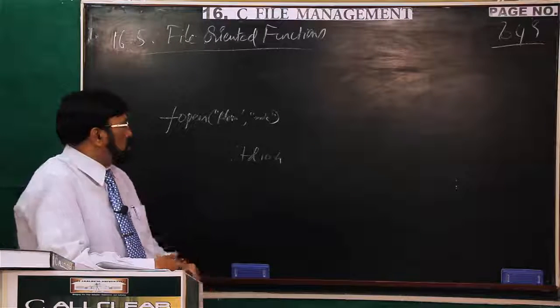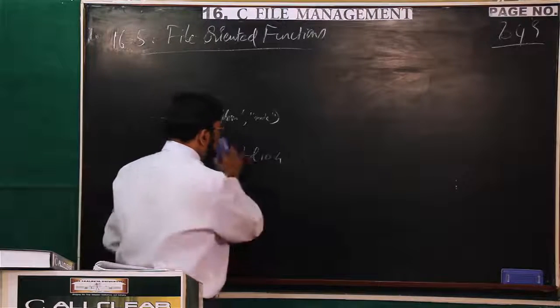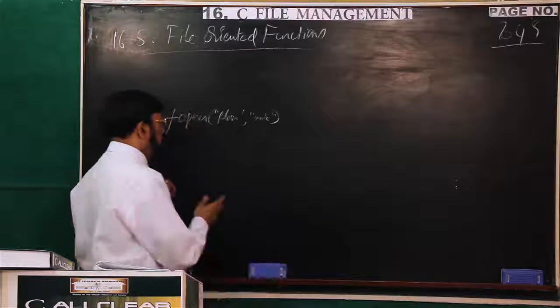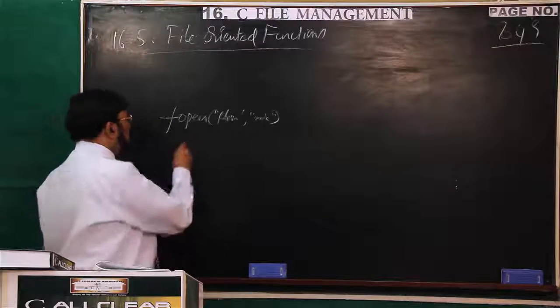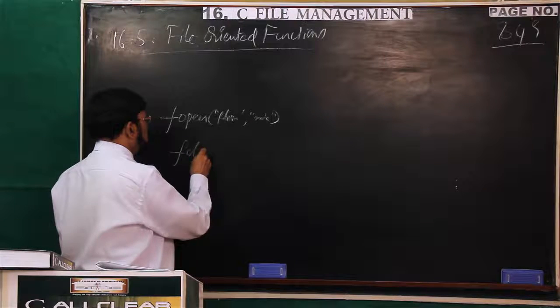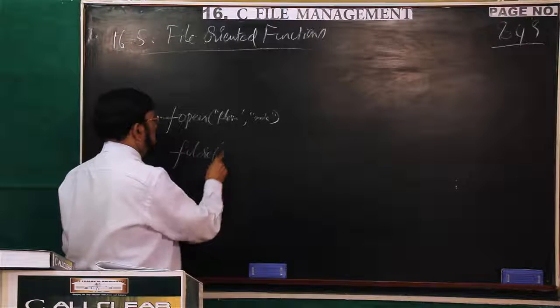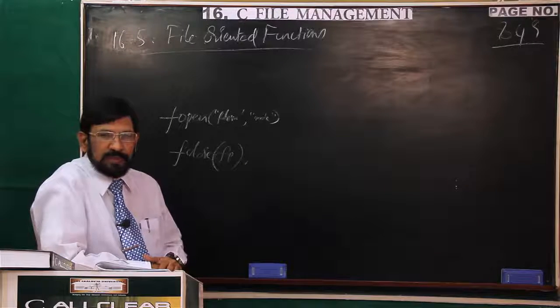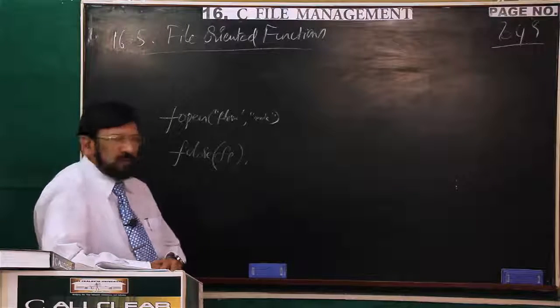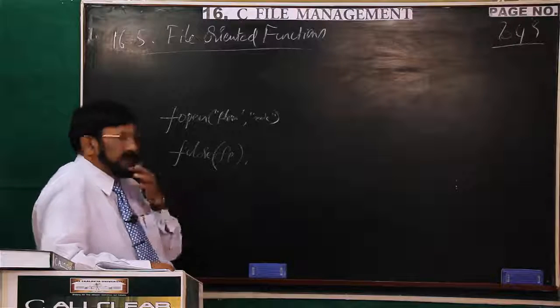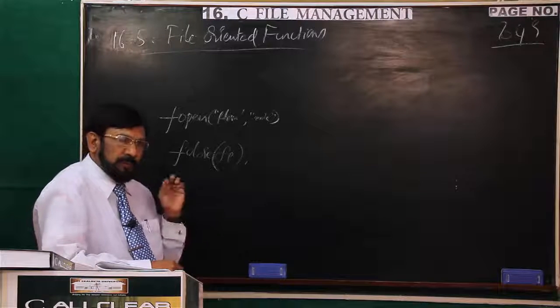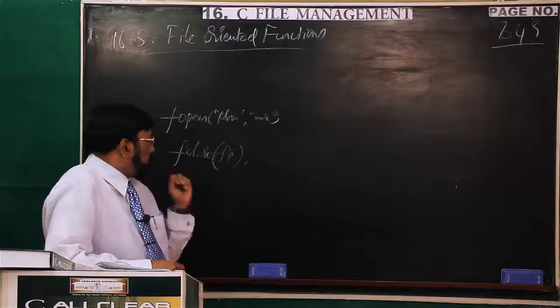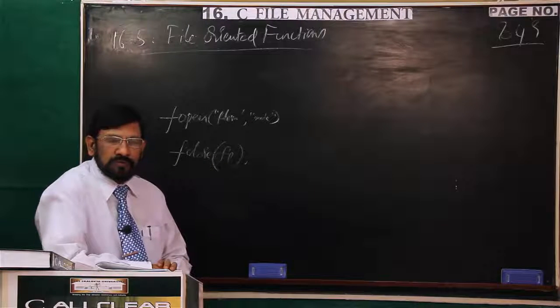That is the file open function. Thereafter, fclose. Whenever you open a file, you have to close it using this syntax. FP is the file pointer. A little later I will explain what a file pointer is. Whatever the purpose for which the file is opened, once that purpose is over, the file should be closed.